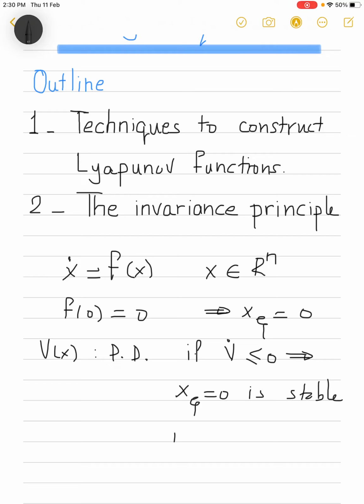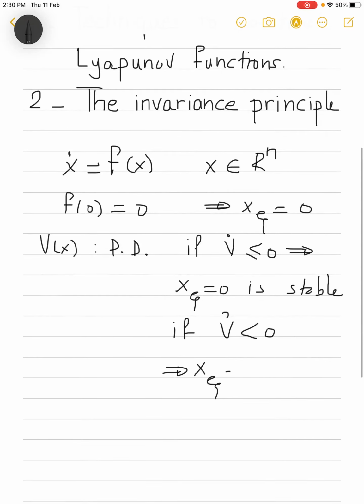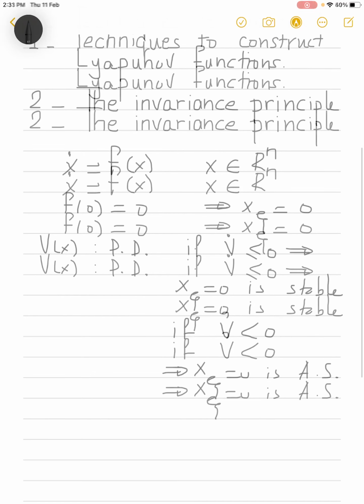However, if v dot is negative definite, then we conclude that the equilibrium point is asymptotically stable.